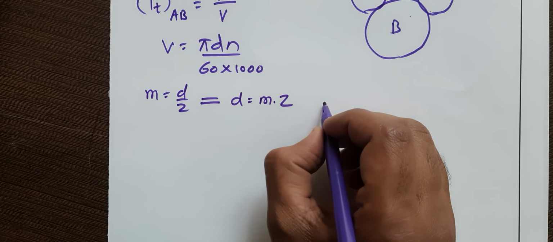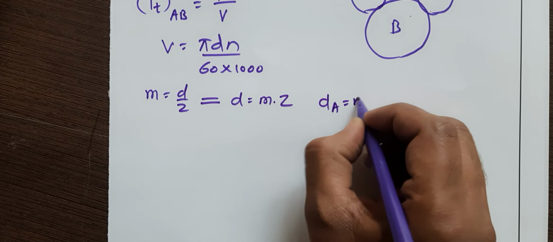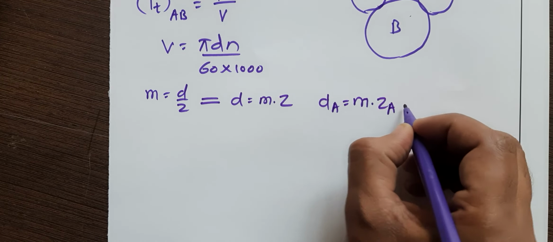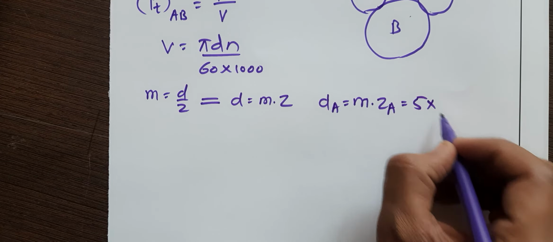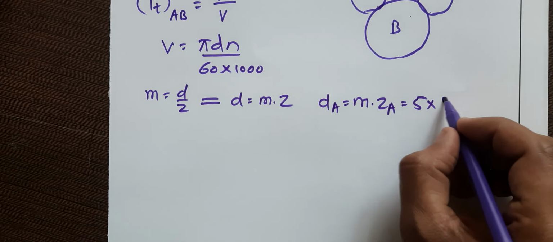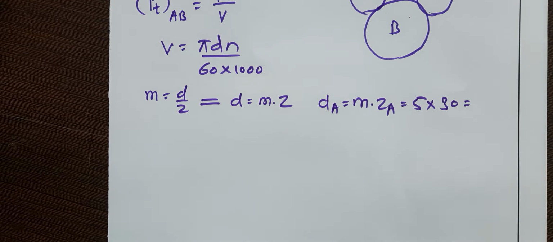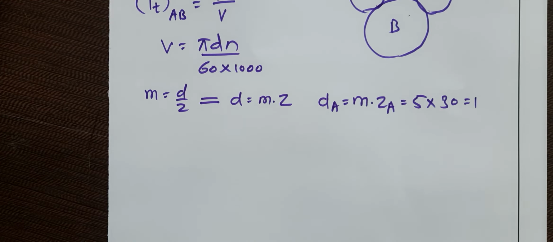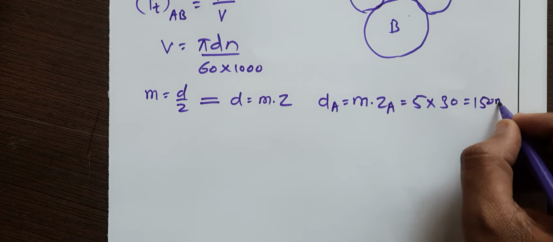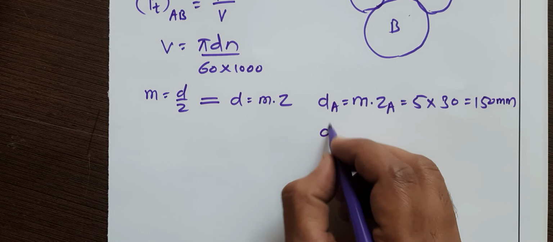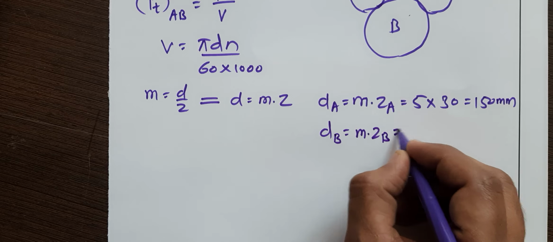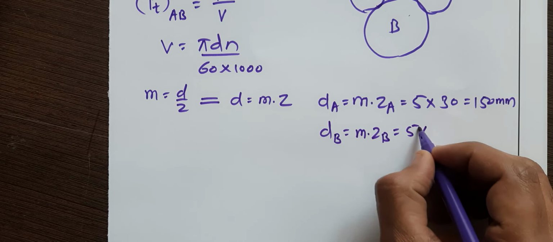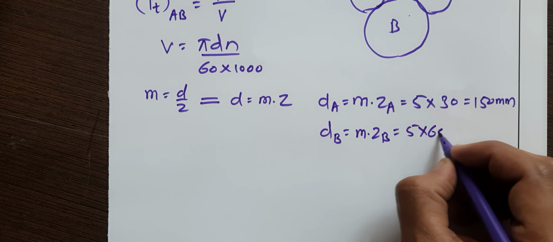If you want to find dA, m into zA, where m is given as 5 and zA is 30. So it is 150 mm. Similarly, we will calculate dB, m into zB, m is 5, zB is 60.